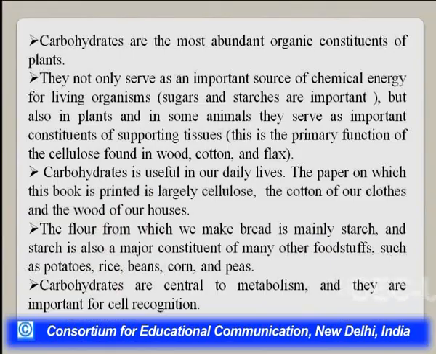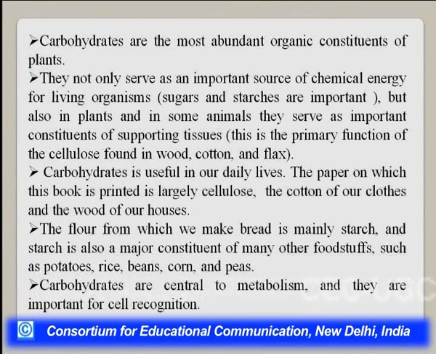Carbohydrates are the most abundant organic constituent of plants. They not only serve as an important source of chemical energy for living organisms, these are sugars and starch, but also in plants and in some animals they serve as important constituents of supporting tissues. This is the primary function of cellulose found in wood, cotton and flax. Carbohydrate is also useful in our daily lives. How?